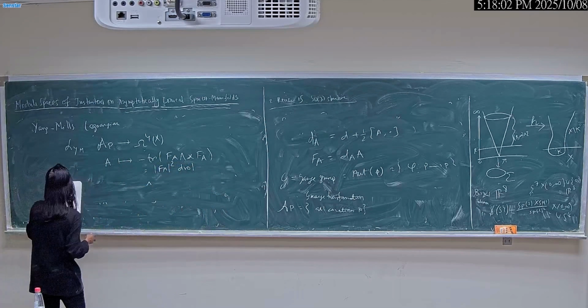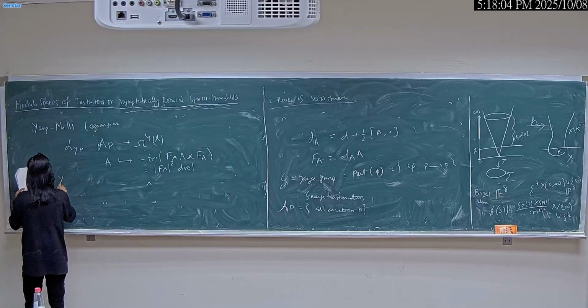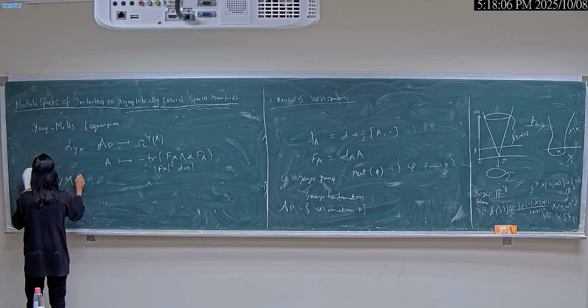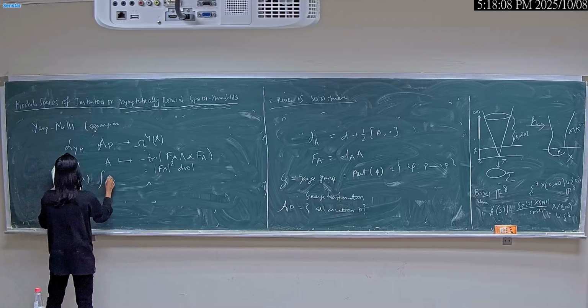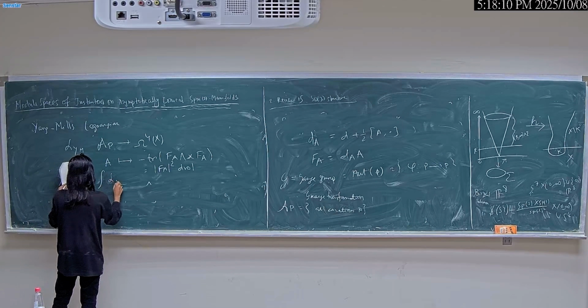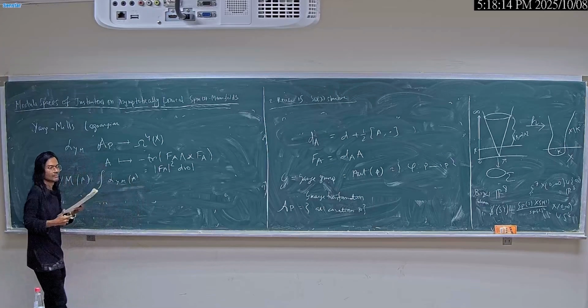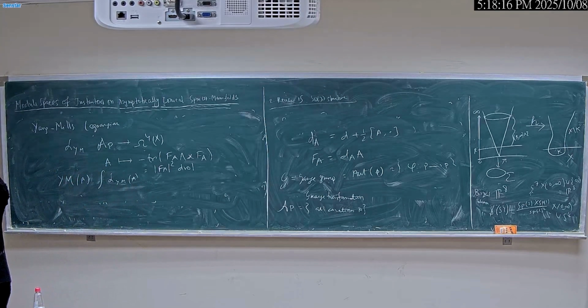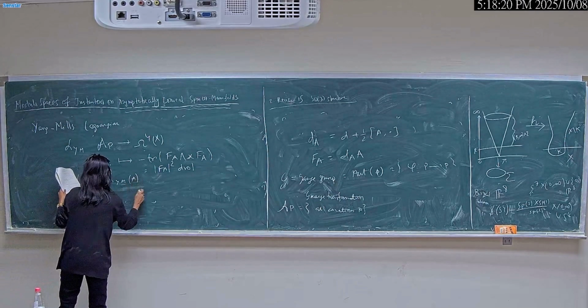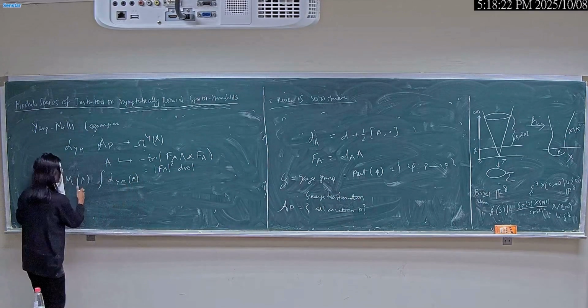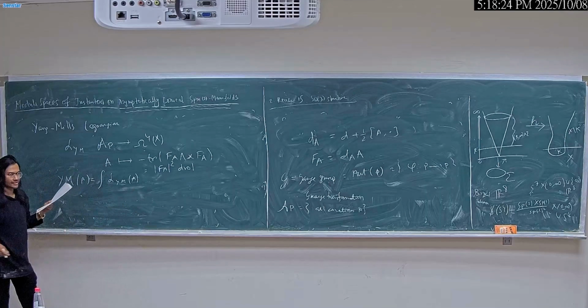That's your Yang-Mills Lagrangian, and then the Yang-Mills functional is just you integrate it over your manifold. So you get the action by integrating your Lagrangian.